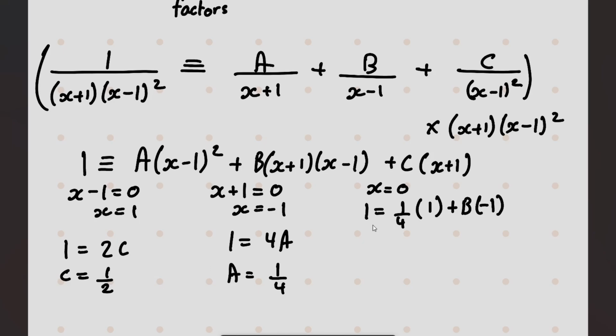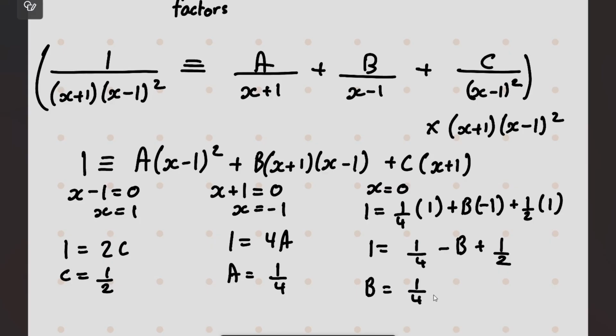And since our c is 1 over 2, plus 1 over 2 times 0 plus 1, which is 1. So now you have 1 is equal to 1 over 4 minus b plus 1 over 2. So now you're going to take 1 to the right hand side and b on the left hand side. So you're going to have b is equal to 1 over 4 plus 1 over 2 minus 1.